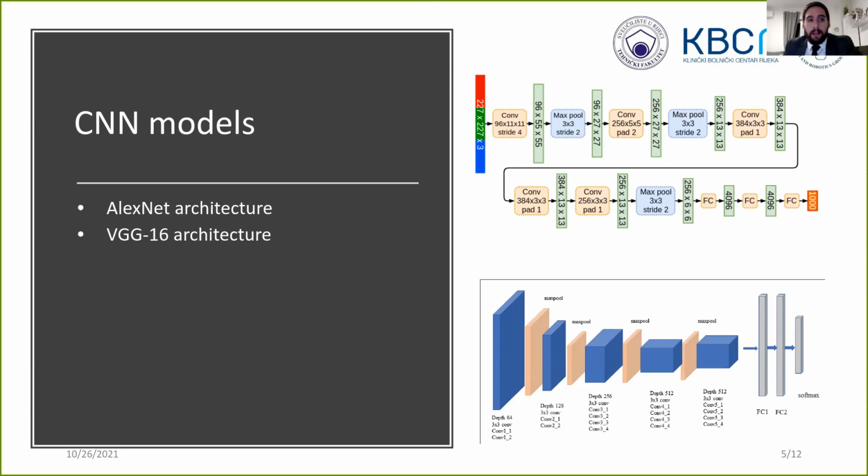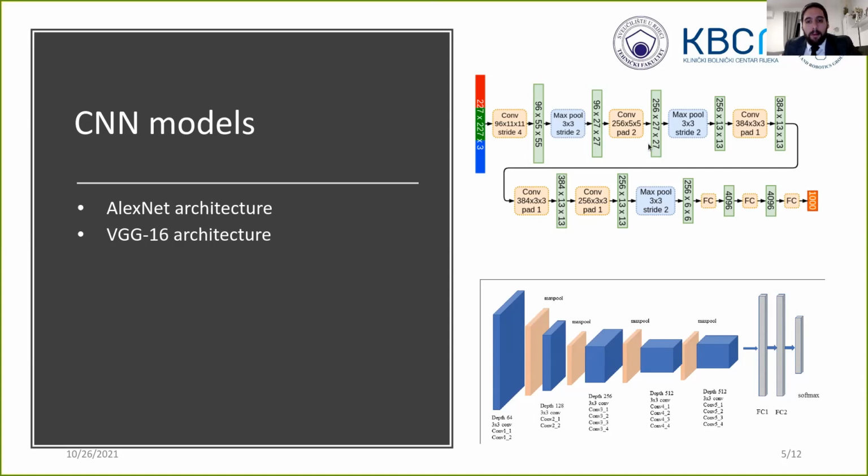It must be noted that there are more complex CNN architectures, but during this research we have concluded that by using these simpler architectures, satisfactory results are achieved. So there is no need for utilization of more complex CNN architectures for these tasks.